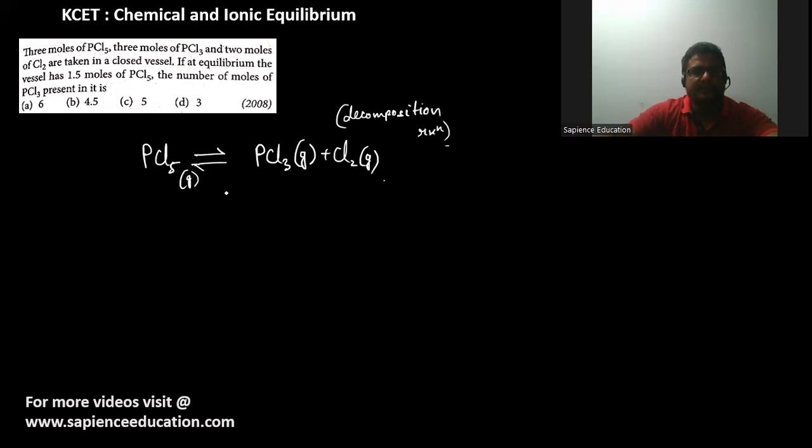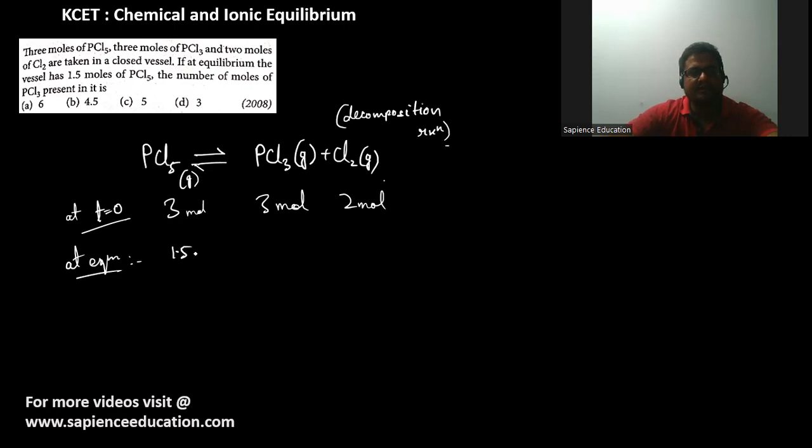So at t equal to 0, initially 3 moles of PCl5, 3 moles of PCl3 and 2 moles of Cl2 are taken in a closed vessel. Then at equilibrium, it is told the vessel has 1.5 moles of PCl5. It means that 1.5 moles has reacted. So it will form 1.5 moles of PCl3.